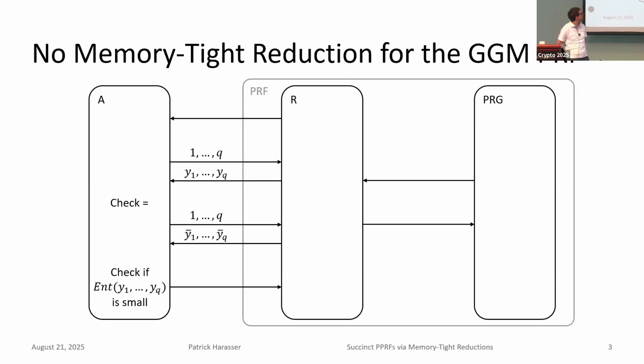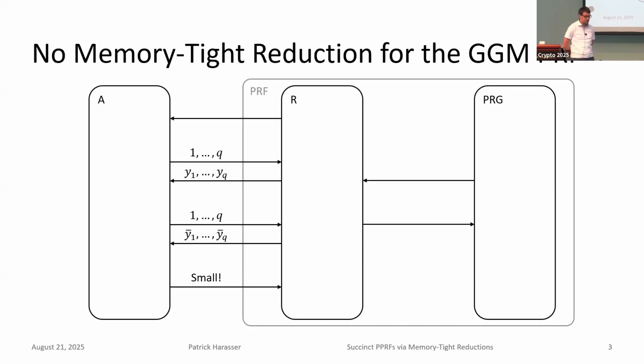Now remember that the PRF game here on the right is the combination between the PRG game and the reduction, but intuitively none of the two offers a lot of storage, because the PRG game gives you only one value and the reduction is memory tight by assumption. This means that if the combination of the PRG game and the reduction wants to answer the 2 rounds of queries consistently, it must necessarily give answers that are low entropy.